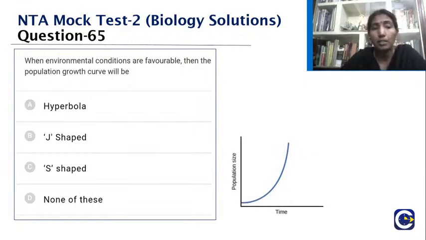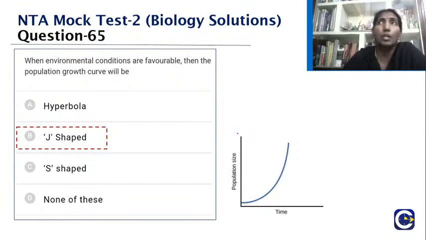As time goes on, the population size also increases along with it. But once there is exhaustion of the food resource or whatever is available, it definitely results in a sudden crash of the population. So that is where it results in the J-shaped curve.